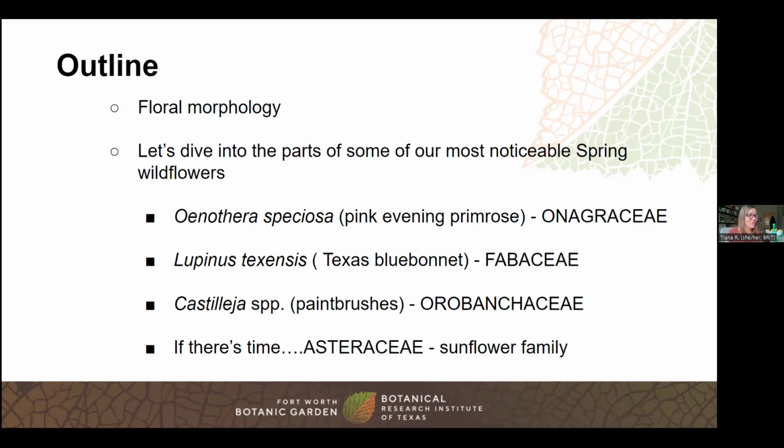I think it will be useful, and I think it will make you look at each of these species a little bit differently next time you encounter them. I will admit, these are all spring flowers, except if we do get to the Asteraceae, the sunflower family, at the end, there's a fall flowering one thrown in there just for illustrative purposes.